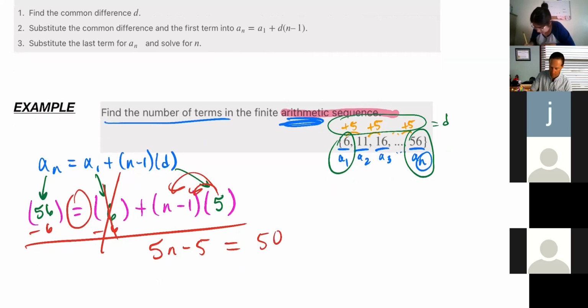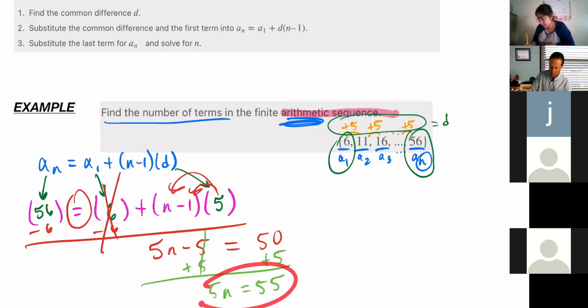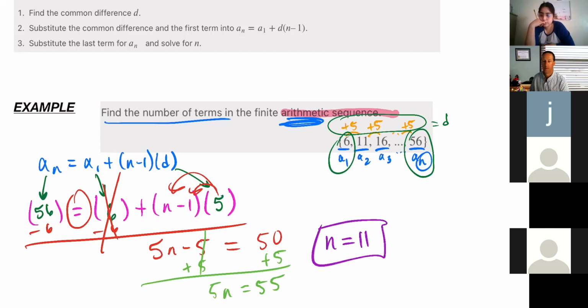Add the 5 over, we're on our way. We now have 5n equals 55. And 5 times what gives us 55? 11. That's it. We know that this would have been the 11th term.